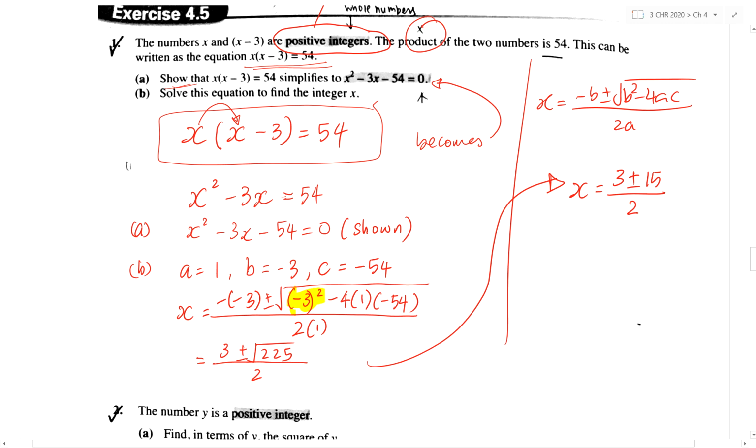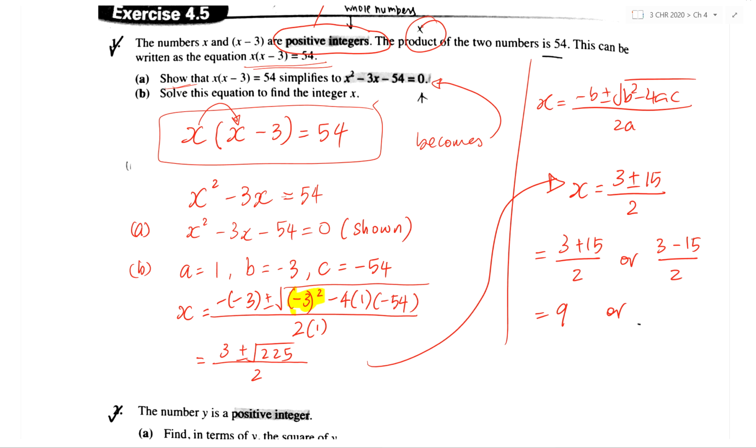How many answers do you see for X? At this moment, there are going to be 2 answers. The first answer will be 3 plus 15 over 2. The other is 3 minus 15 over 2. The first answer will result in 18 divided by 2 is 9. The second answer is, right, 18 divided by 2, yes, I get 9.